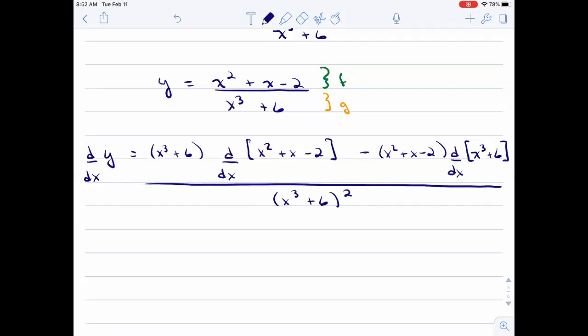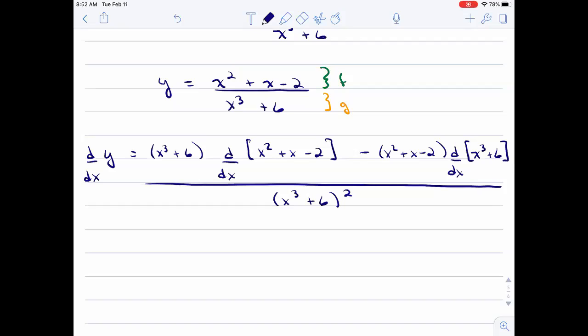A lot of the time, because if we're using the quotient rule, we're always going to be over g of x squared, it's not really worthwhile to expand this out and try to simplify. So we just leave it. Unless you see an obvious cancellation or whatever, I would just leave it as g squared.